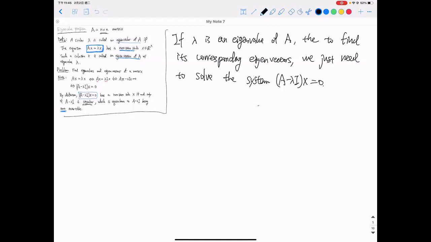And we know how to do that. We've seen how to do that. So now the question is how to find the eigenvalues. It is not hard to find the eigenvectors when an eigenvalue is found. So the question is how to find eigenvalues.